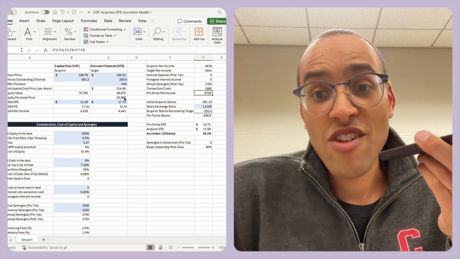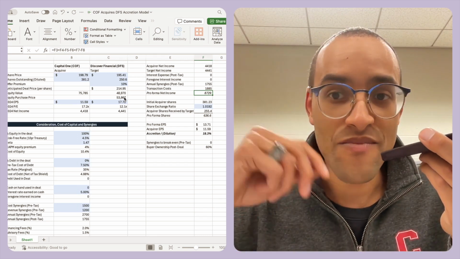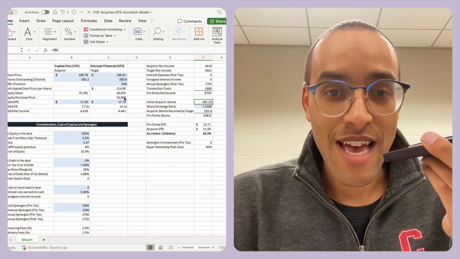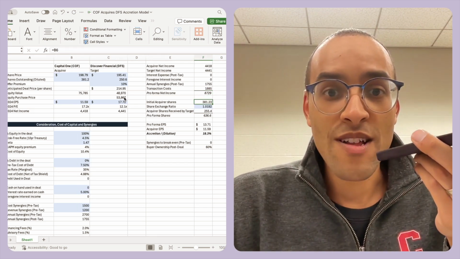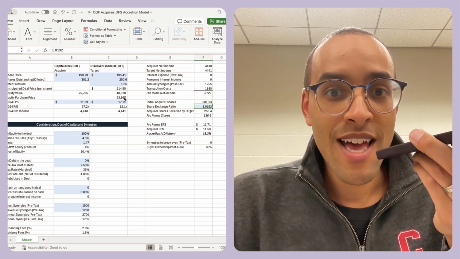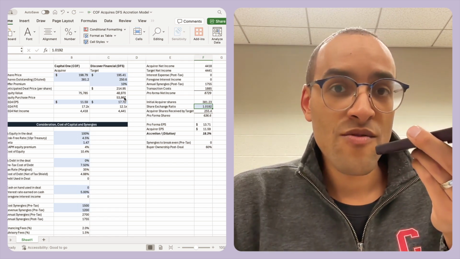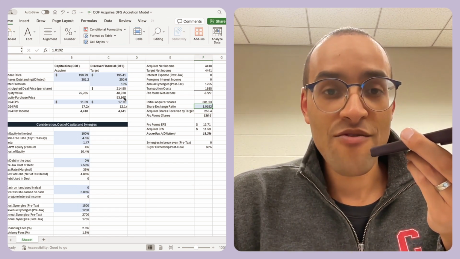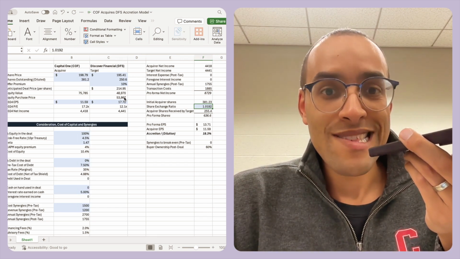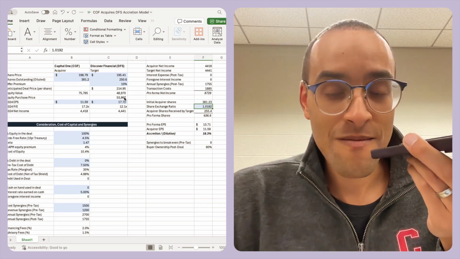So now we need to look at the share count. Remember, the share count is changing here because this is an all-stock deal. And initially, Capital One has 381 million shares outstanding, fully diluted. And what they said in their press release was for every one share of Discover Financial Services, Discover shareholders will get 1.0192 shares of Capital One stock.